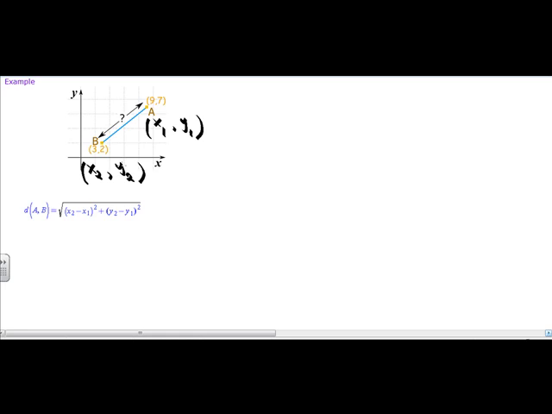Now it does not matter which point you call A or B. It doesn't matter. The answer is the same. So I'm using the distance formula.